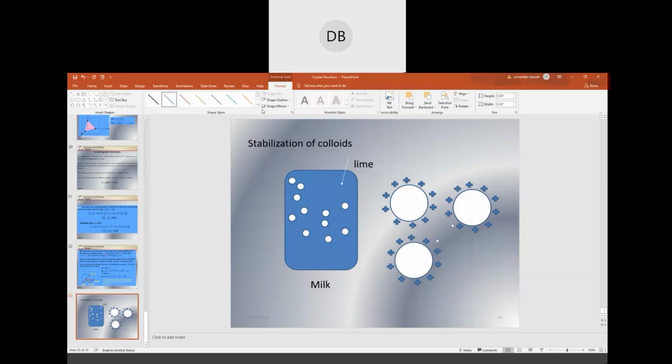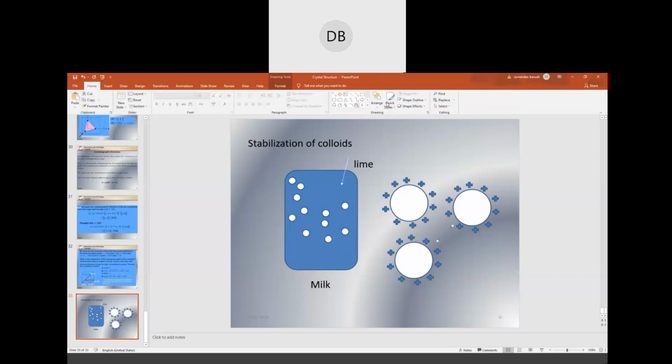Let me put some color. So there will be a tendency to repel, between these and between these maybe. If I draw another one, let me pull this a bit down. So there will be mutual repulsion because of the available charges.